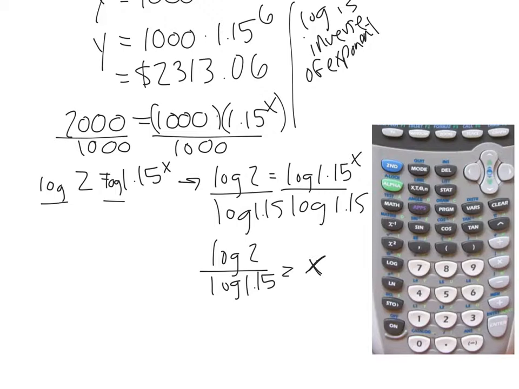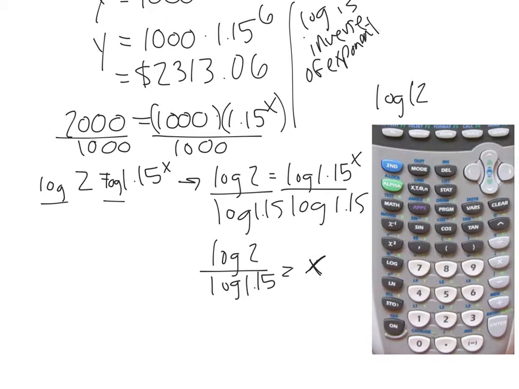All right, so what we're going to do, and I have my calculator here to show you how this is going to look. To type this in, you're going to hit log, which is right here on your left-hand side. You're going to hit log of 2, and so it should say something like this on your screen: log parenthesis 2.